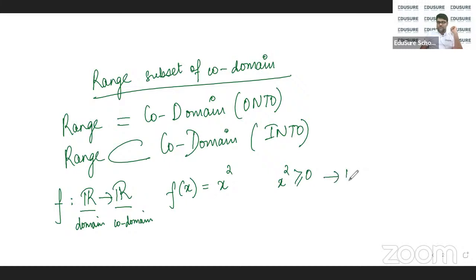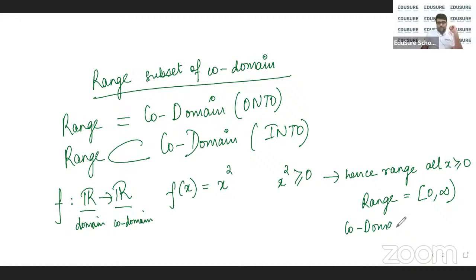Hence, range in this example is all x greater than or equal to 0, or the range is 0 to infinity. Whereas the codomain is the set of all real numbers. So range is this, codomain is minus infinity to plus infinity. Therefore, what kind of a function is this? It's an into function.